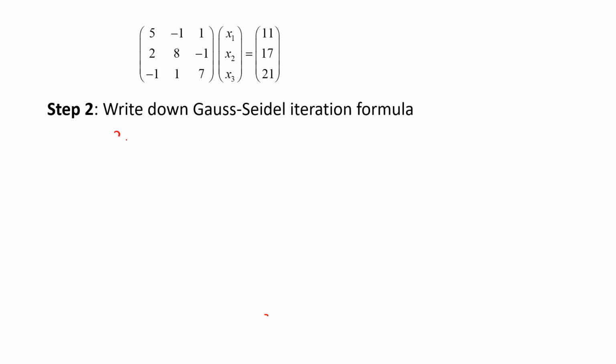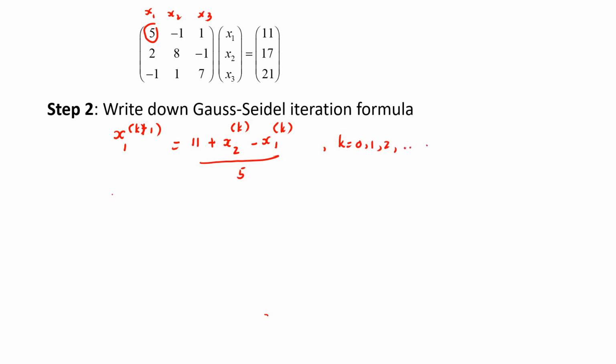So x1 at k plus 1, x1. So 11 plus, this is x1, x2, x3, so plus x2 minus x1 divided by 5. This is k, this is k. So the k starts from 0, 1, 2, and so on.